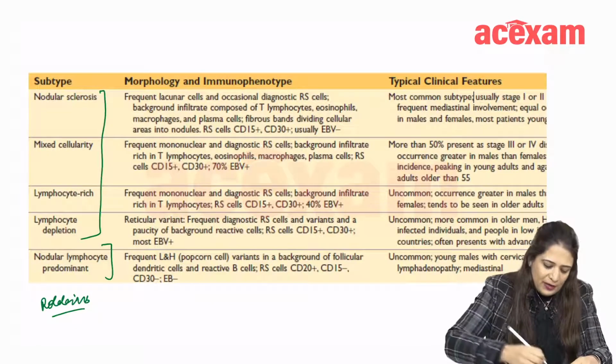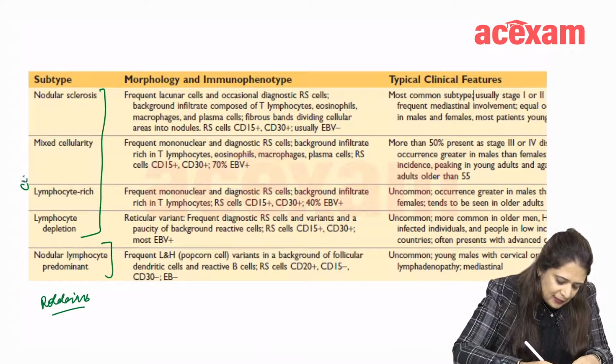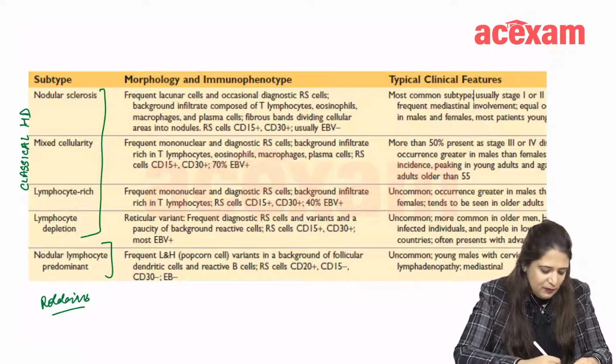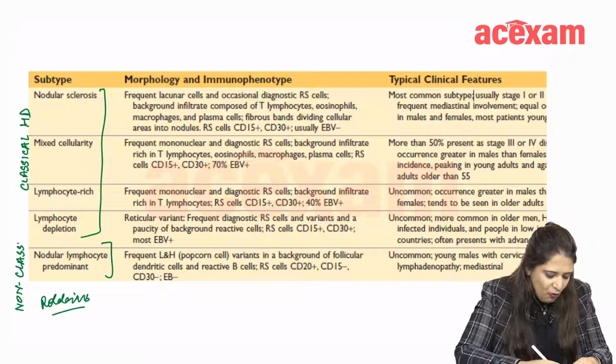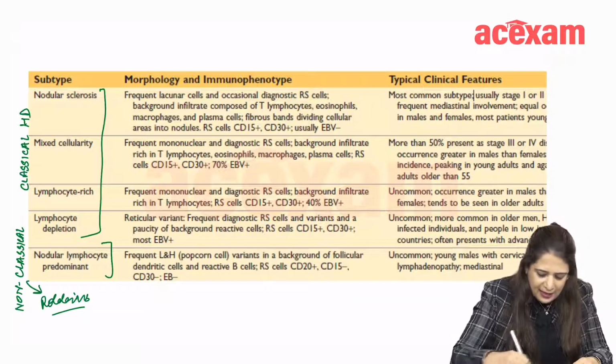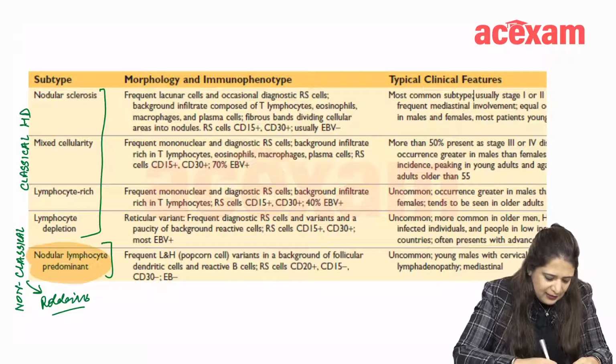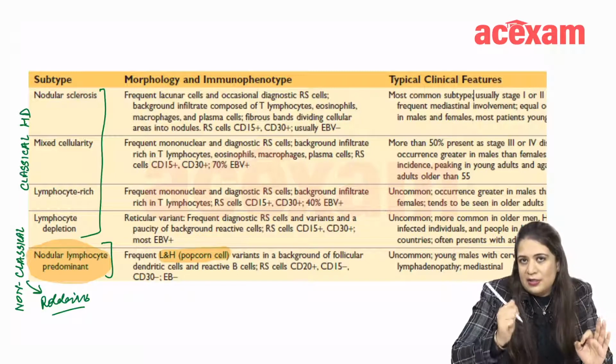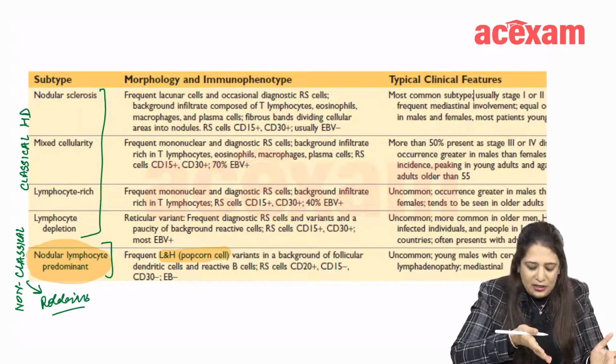The first one is the classical Hodgkin's lymphoma, and if there is classical, there would be a non-classical Hodgkin's lymphoma. This non-classical Hodgkin's lymphoma has just one variant, the one which has these LH cells, the popcorn cells. So it is easier to remember that non-classical Hodgkin's lymphoma equals NLPHL.